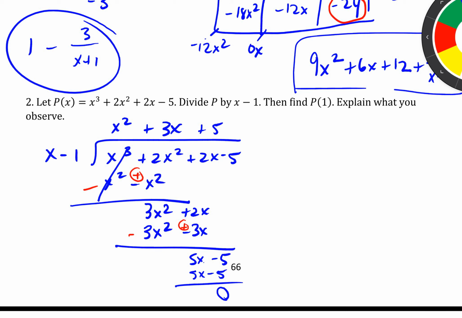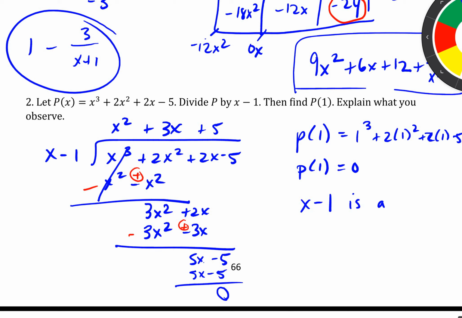So if we have a remainder of 0, maybe that tells us something. Let's see. If I evaluate p of 1, I have 1 cubed plus 2 times 1 squared plus 2 times 1 minus 5. Well, p of 1 equals 0, meaning x minus 1 is a factor.